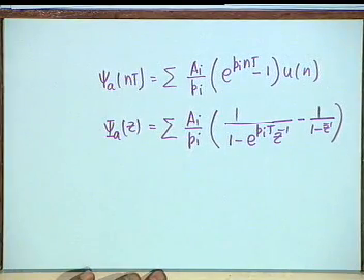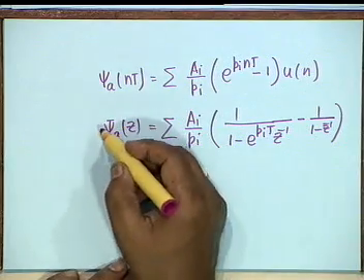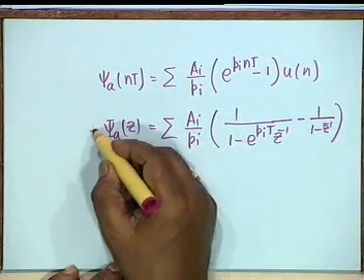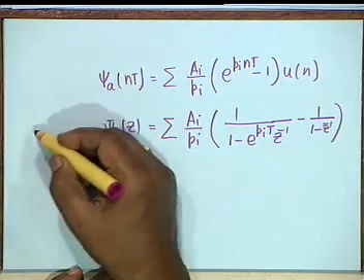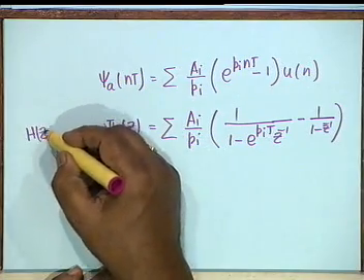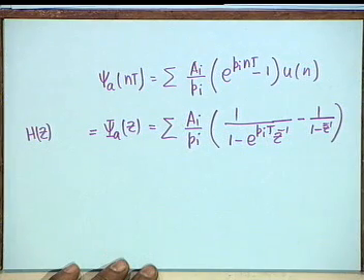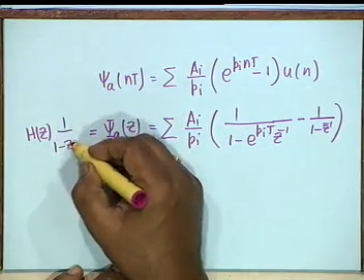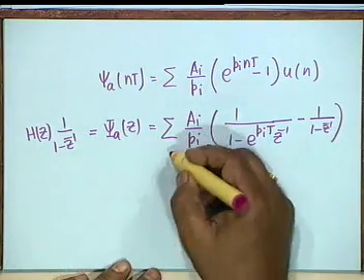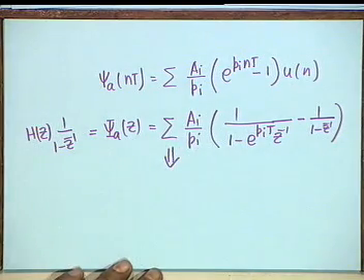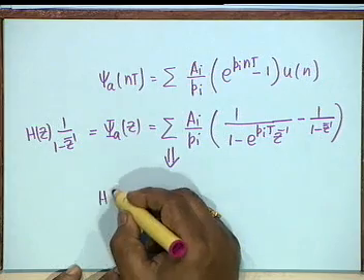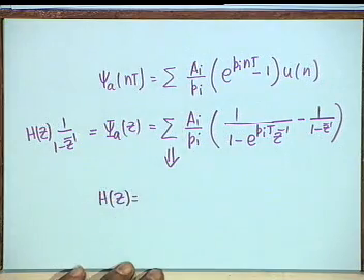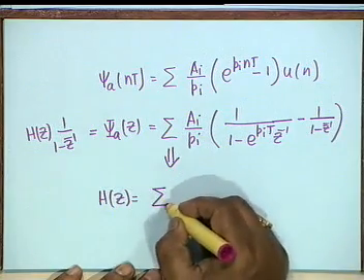Agreed? Now, this must be the transfer function h of z multiplied by 1 by 1 minus z inverse. Agreed?